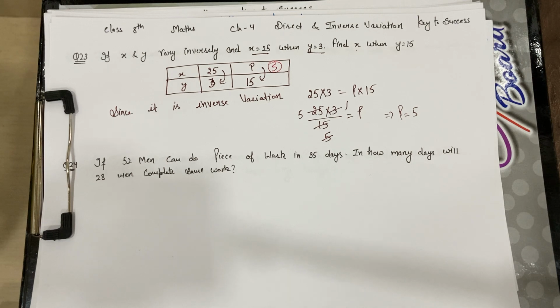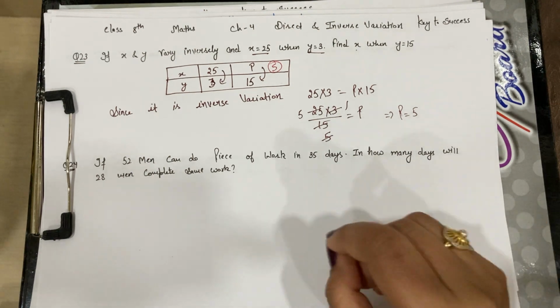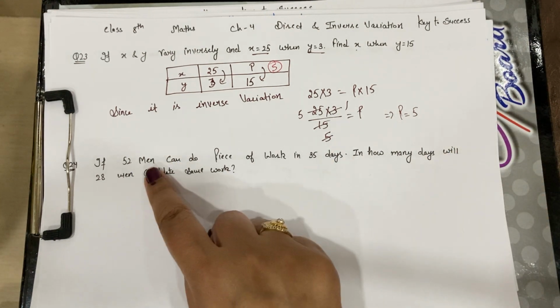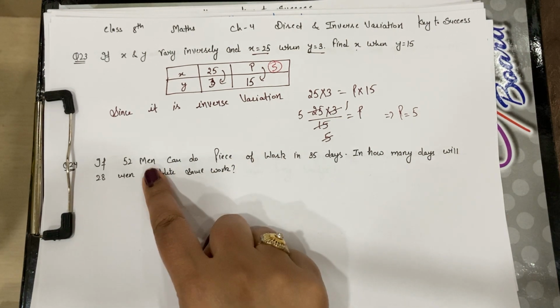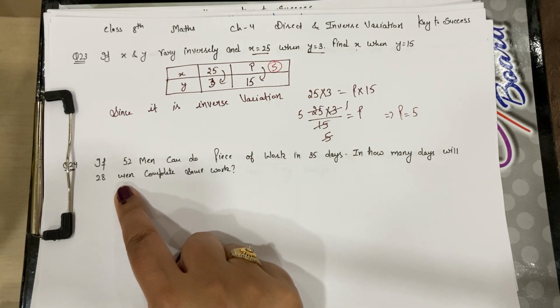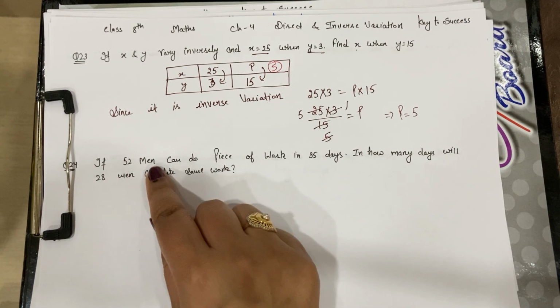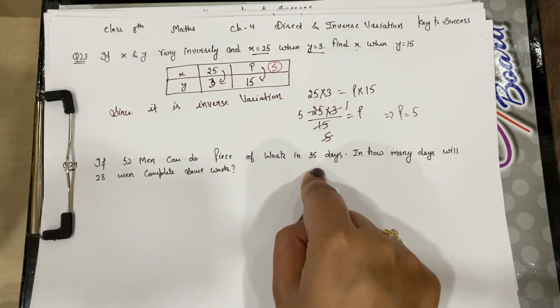Now next question, we have to identify whether it is inverse or direct variation. See the question. If 52 men can do a piece of work in 35 days, in how many days will 28 men complete the same work? See beta, what is the question? 52 men are there. If these many persons are employed, it will take 35 days. Now they are decreasing the number of persons to 28. Obviously time will increase. If there were 52 men, only then it took 35 days.